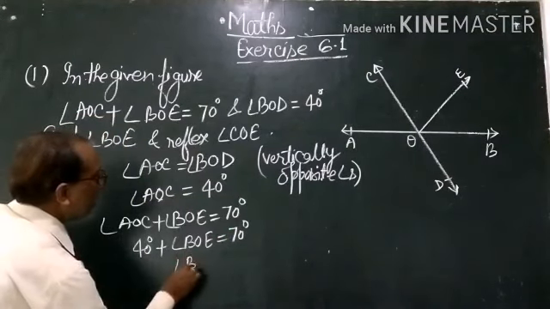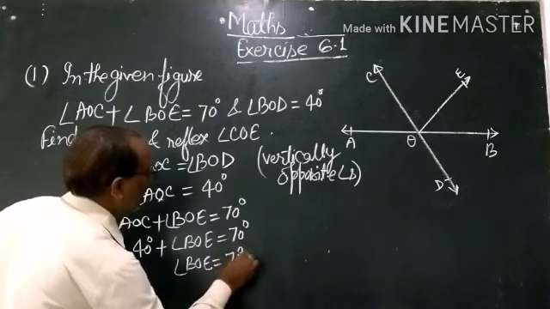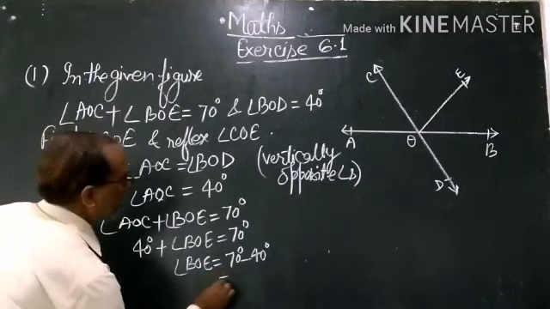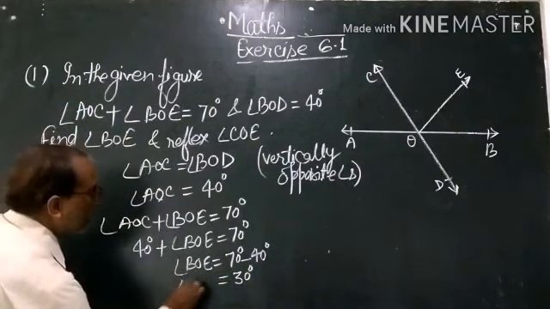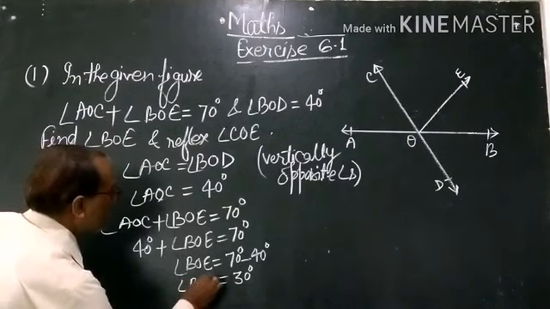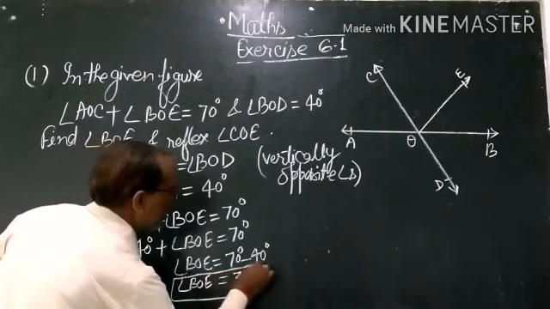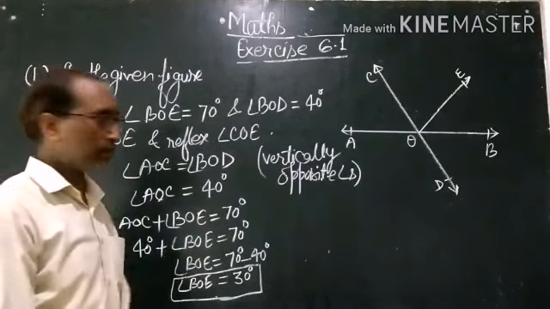Then angle BOE is equal to 70 degrees minus 40 degrees, that is equal to 30 degrees. Means angle BOE is equal to 30 degrees. This is your first answer, angle BOE.